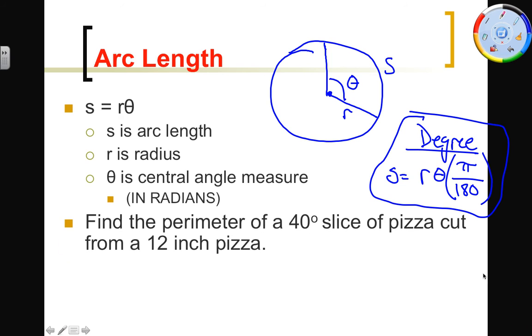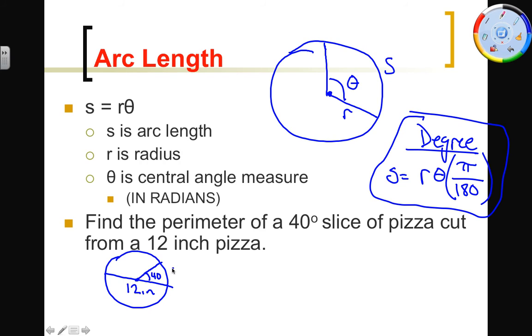So here's one of those silly little questions that Mr. Nelson likes. Find the perimeter of a 40-degree slice of pizza cut from a 12-inch pizza. So you have a 12-inch pizza. By the way, that means diameter. And you cut out a 40-degree slice, and you want to know the perimeter of your slice of pizza.